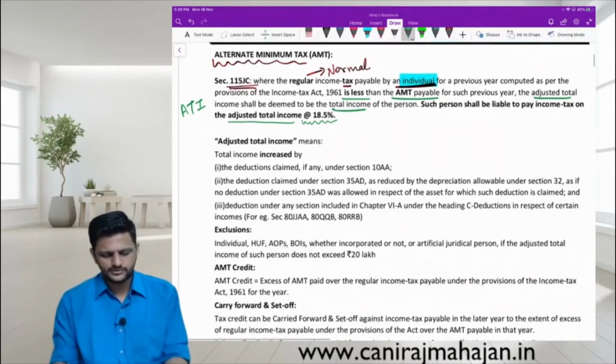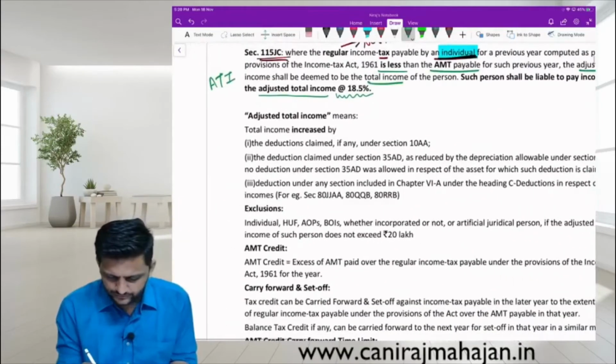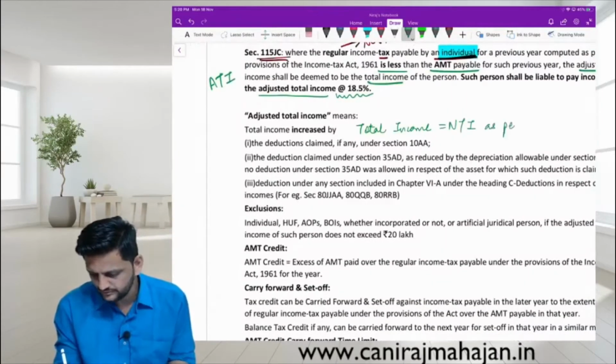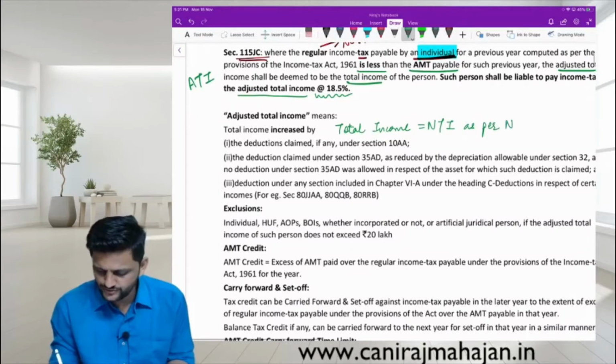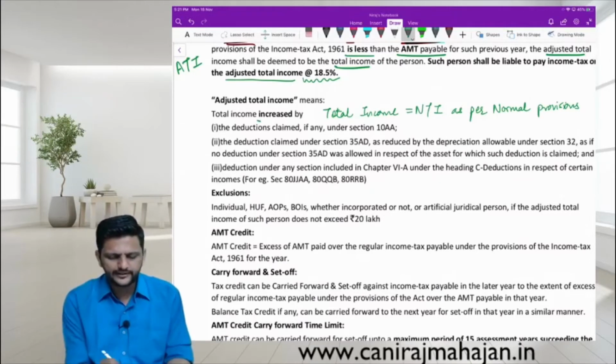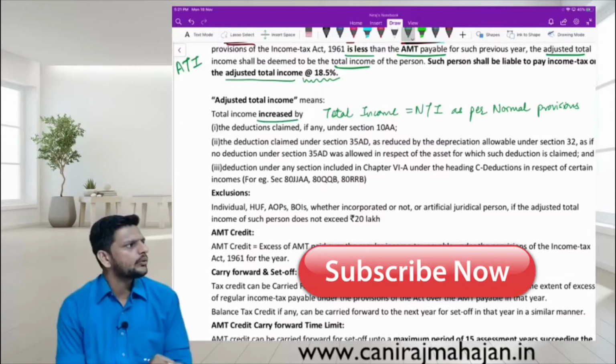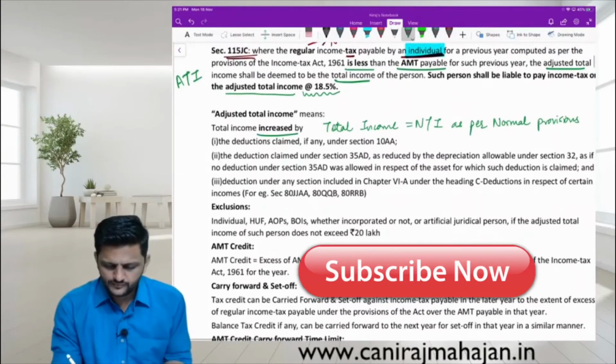ATI means total income. Total income means, over here you can write down NTI as per normal provisions. Normal, you understand now? Means regular provisions. Has increased by, and highlighted, increased by. That means again you have to increase. Are you following or no? Tell me, from NP, you remember?